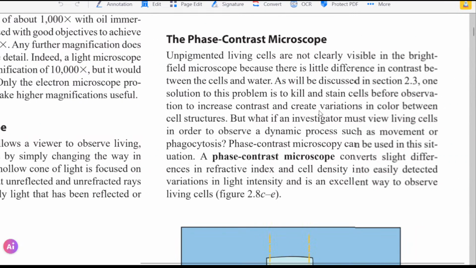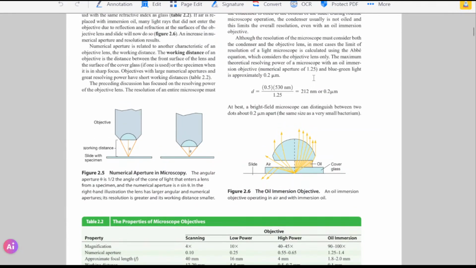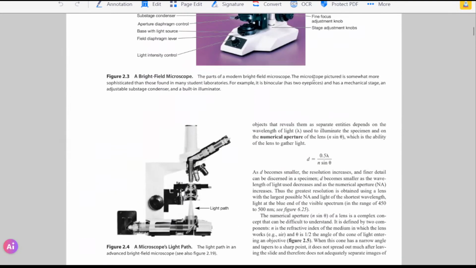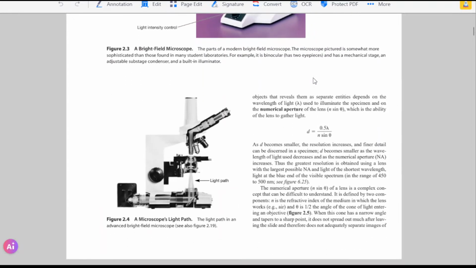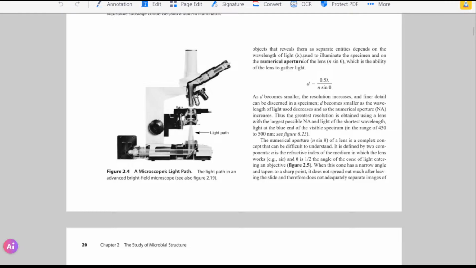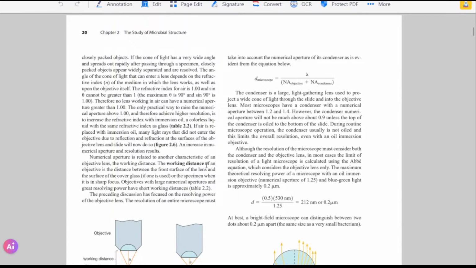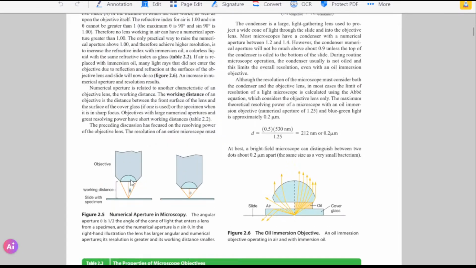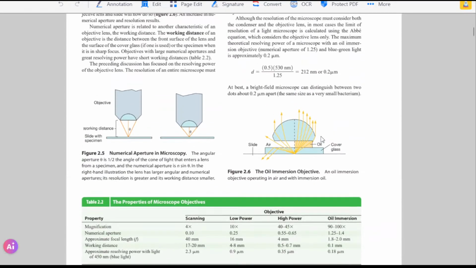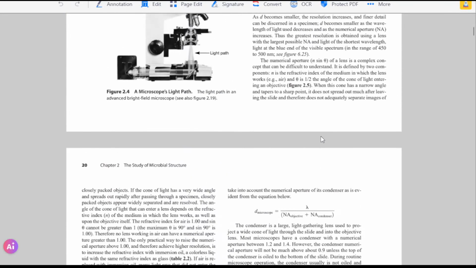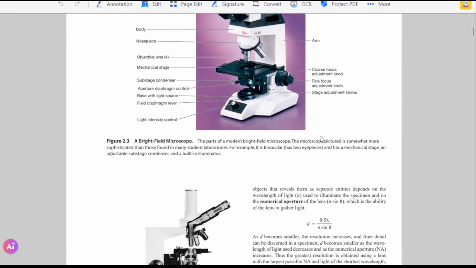So, just a bit of a recap on what we studied last time was the bright field microscope, a little bit of that which remained in the resolution part, and in resolution we studied what the numerical aperture is, what the working distance means, what theta is for, and what the oil immersion does, all of the formulas. The formula is d = 0.5 lambda divided by n sine theta.